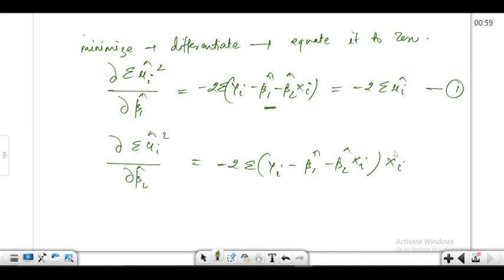If I open the bracket, I'll get minus 2 summation ui hat xi. So this is my equation 2.